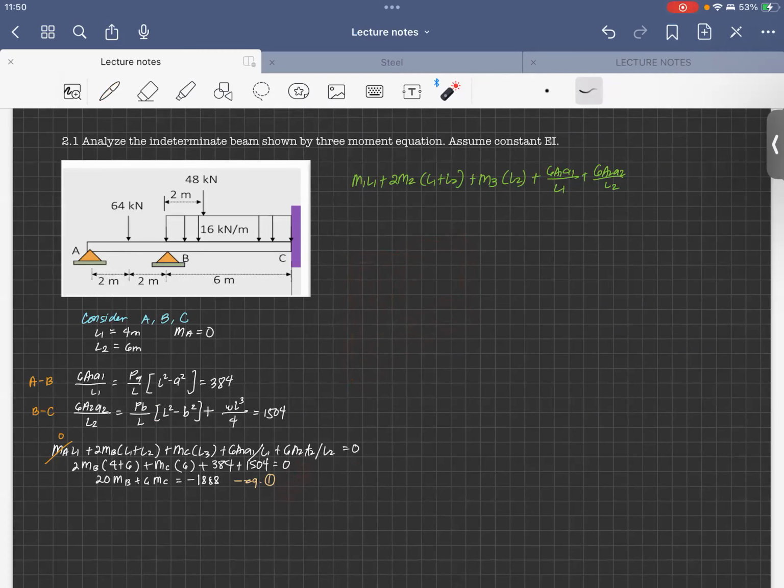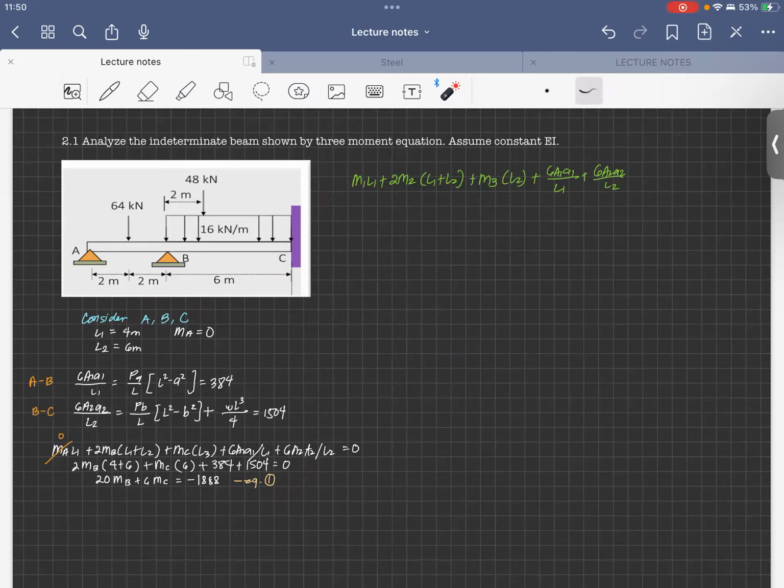So the first 3 points is A, B, C. But we already have A, B, C. So, paano natin masasatisfy yung isa pang additional equation? So, ganito po, no? If you have a fixed support, since we all know that we have a value for C there kasi may fix siya. So, merong MC dyan.